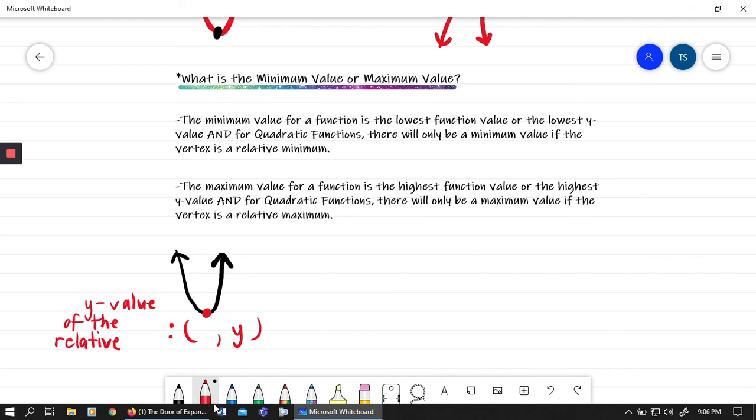If we're talking about a minimum value, so we're talking about the y value of the relative minimum, that would be a minimum value, right? Or we're talking about the y value of the maximum, which would be the maximum value. Okay.